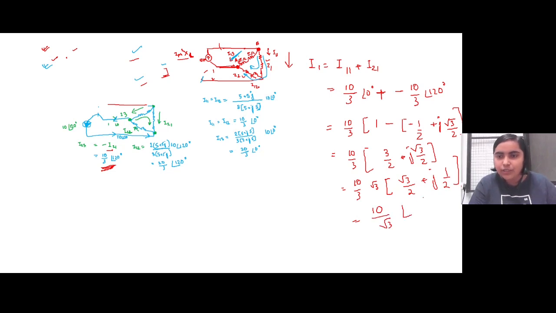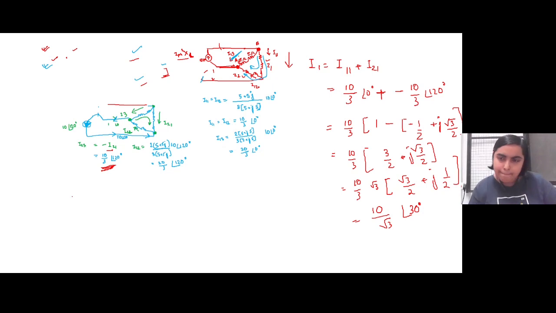What will be tan inverse of half by 0.866? So it is 30 degree. Okay, this is the current from this particular branch.